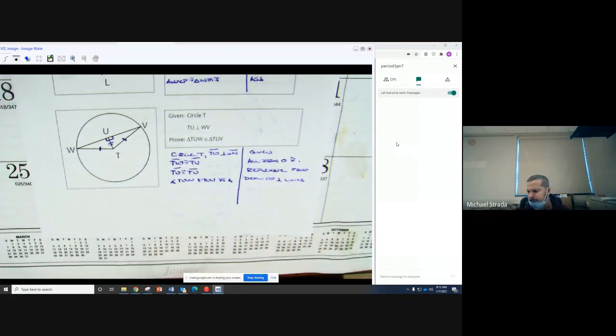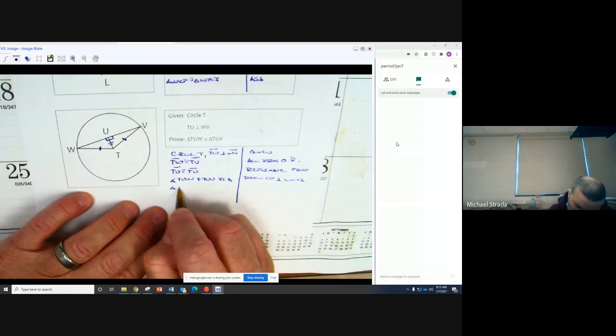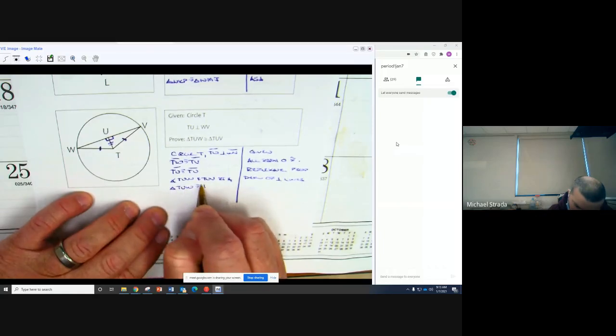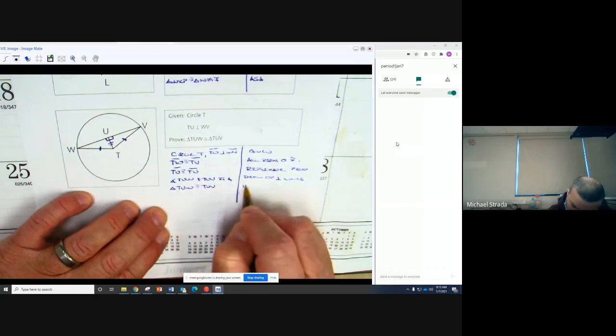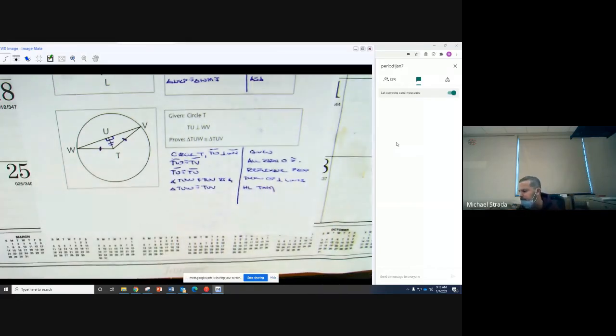All right. And thus we can say triangle TUW is congruent to triangle TUV by hypotenuse leg theorem. All right.